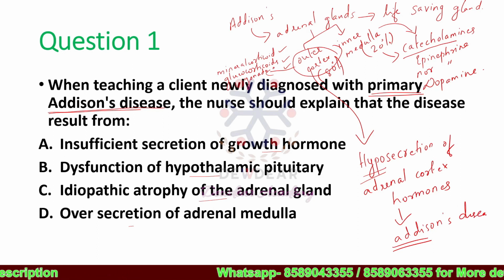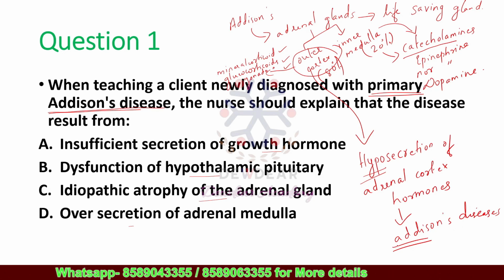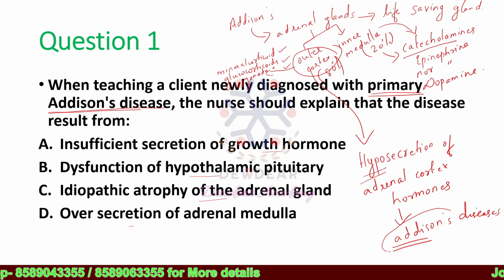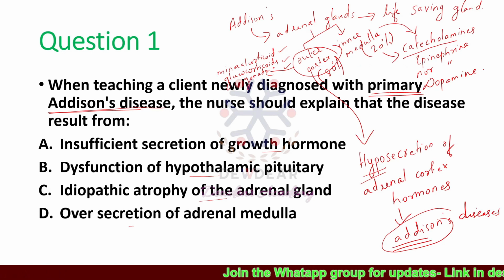The hormones are getting deficient in Addison's disease. Clear? We also call it adrenal cortex insufficiency.